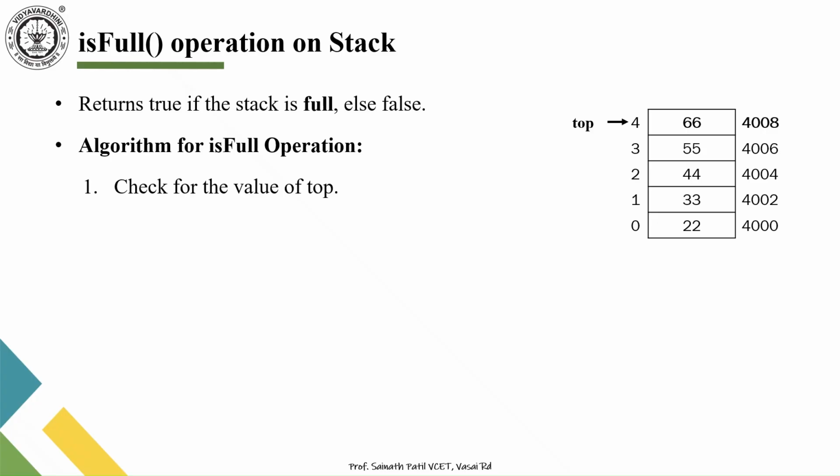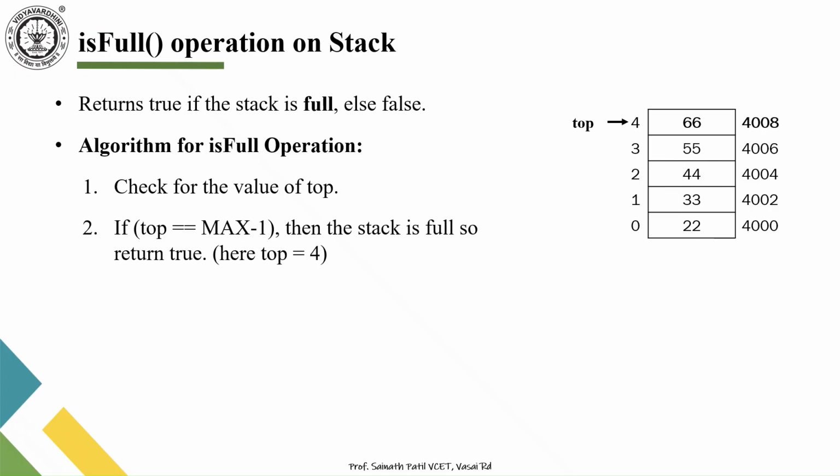Now in this case we consider array size 5. So top value is 4, that is max -1. So if top is equal to max -1, now in this case it is 4 because it is pointing to the last element of the stack.